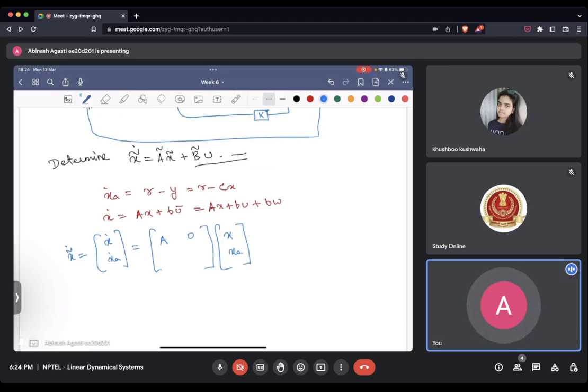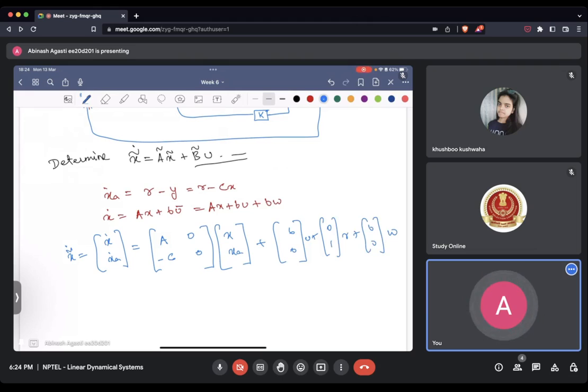XA dot on the other hand is here minus C, here 0. Then we have B 0 U plus 0 1 R plus B 0 W.